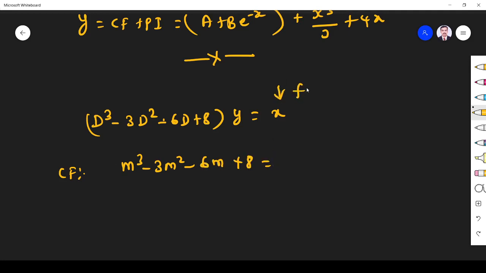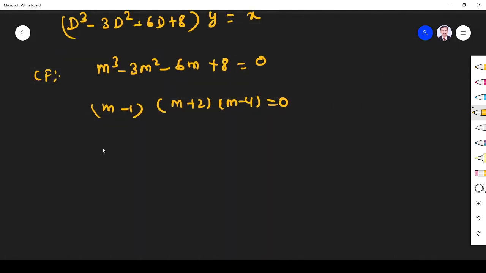If you factorize, what you get is m minus 1, m plus 2, m minus 4 is equal to 0. So m is equal to 1, minus 2, 4.